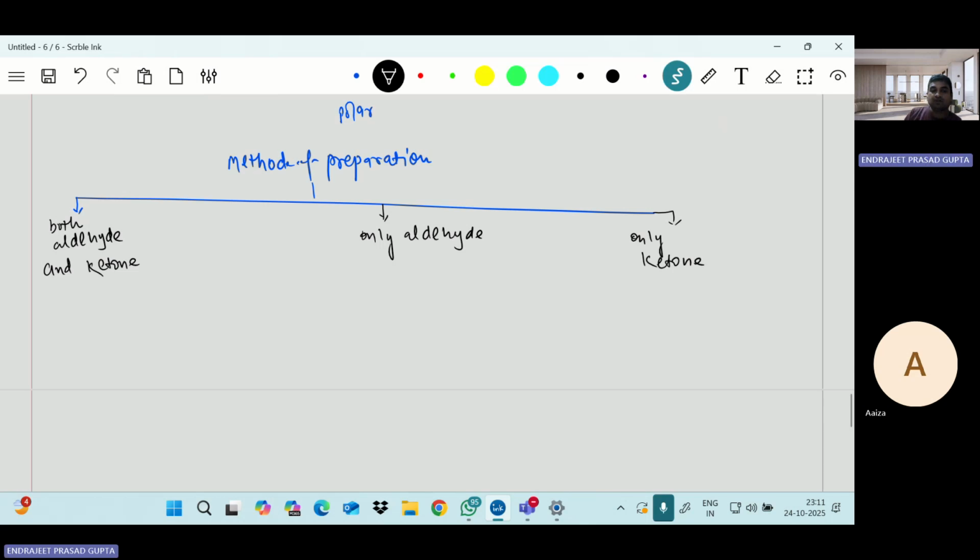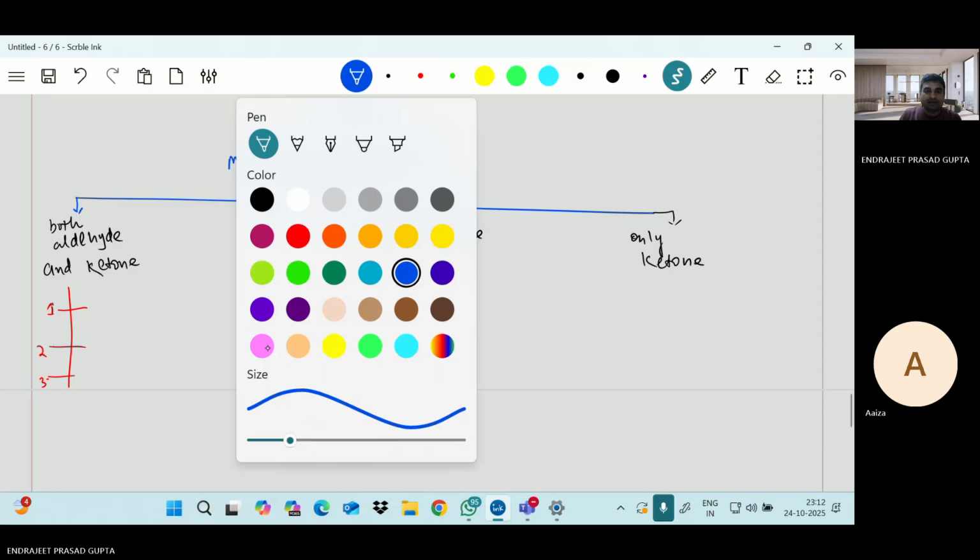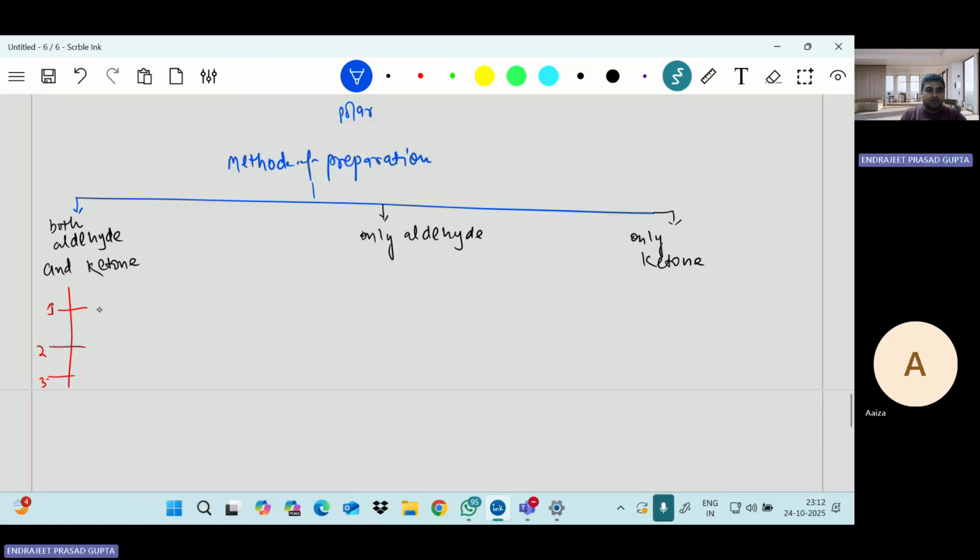So in the case of aldehyde and ketone, we have a popular method: oxidation of alcohol. The first one is from alcohol. When we talk about alcohol, we can do oxidation or dehydrogenation.